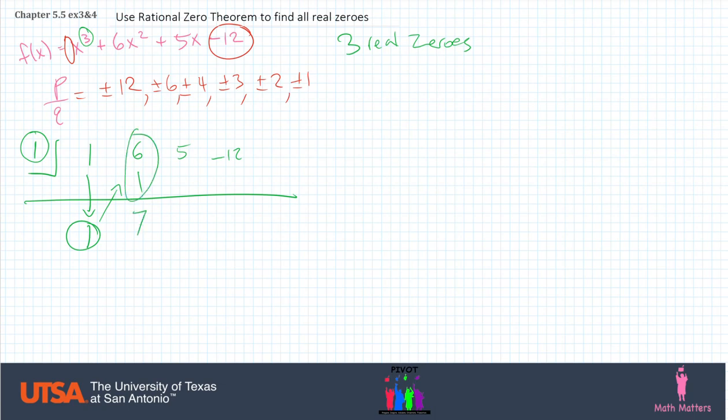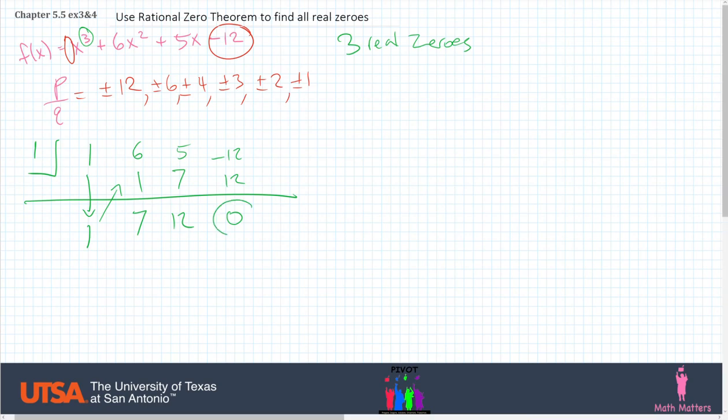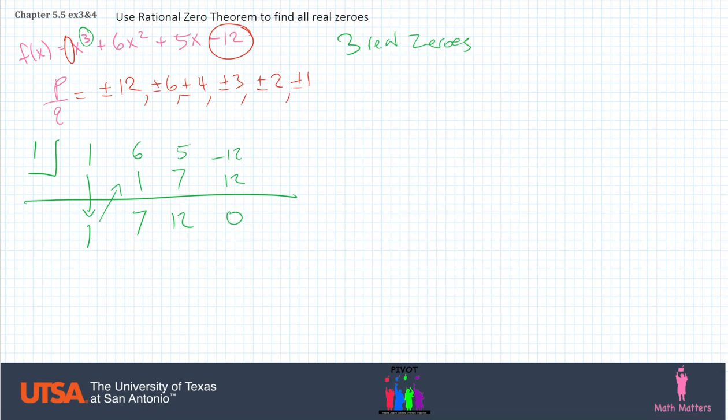Same thing: 1 times 7 is 7, and 5 plus 7 is 12. 1 times 12 is 12, and negative 12 plus 12 is 0. Notice that we got 0 as a remainder. Because 0 is the remainder, that means 1 is one of our real zeros.